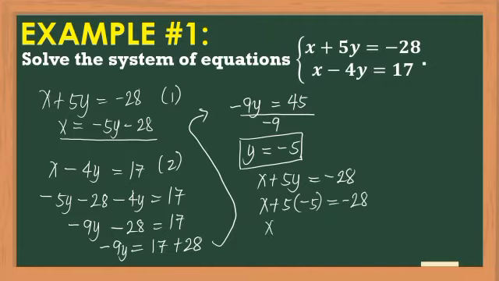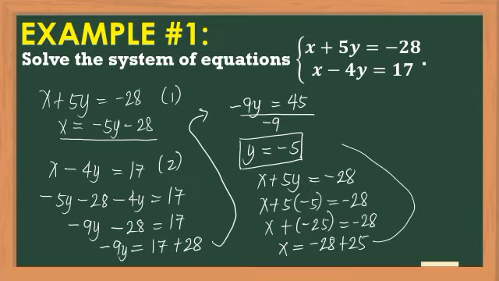Then, x plus 5 times negative 5, that is negative 25, equals negative 28. Itong negative 25, ililipat natin sa right side, magiging positive. So, magiging x equals negative 28 plus 25. Rewrite lang natin: negative 28 plus 25, that is negative 3. So, our value for x is negative 3, and then the value for y is negative 5.